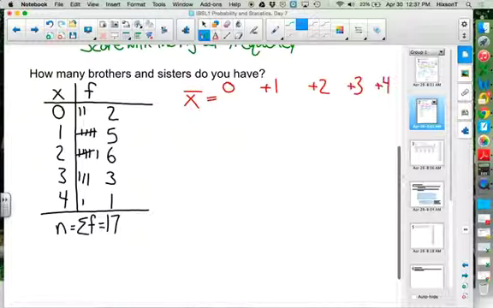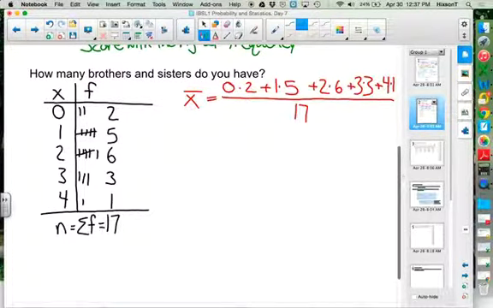But we need to multiply each of those scores by their frequencies. So there are 2 zeros, there are 5 ones, there are 6 twos, there are 3 threes, and there's 1 four. Okay? And we're going to divide that whole thing by the sum of the frequencies, 17.